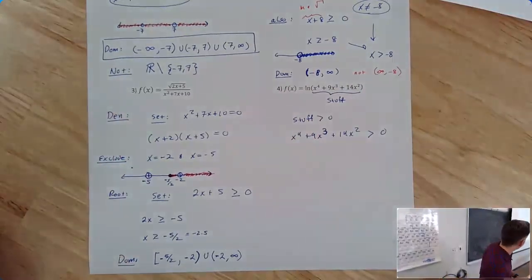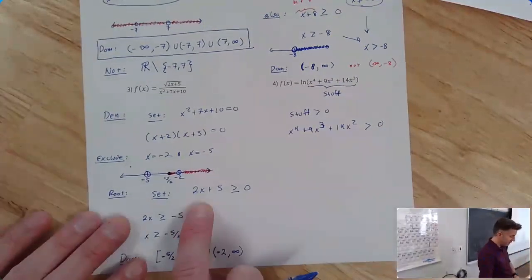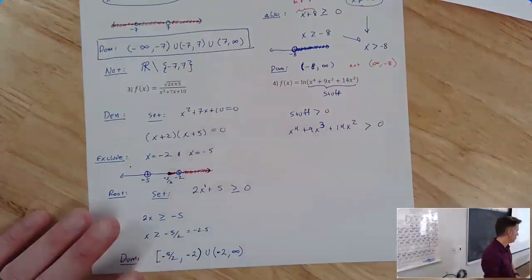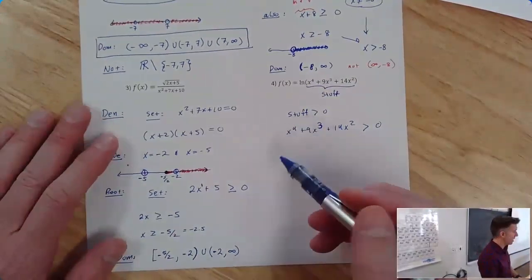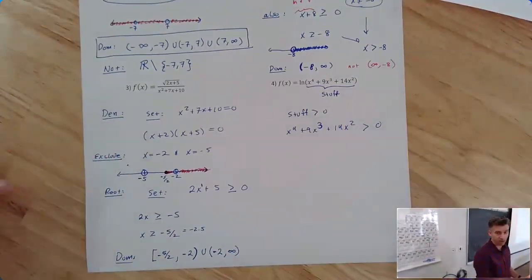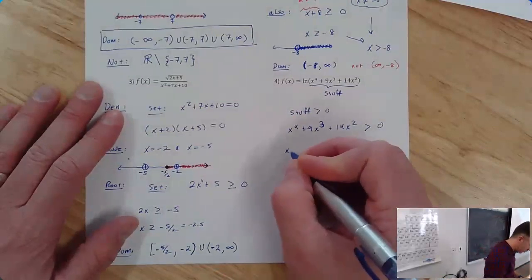Now, whenever you're solving something greater than 0, or greater than or equal to 0, if you've just got a single x to the first, just solve for x. It's a linear equation, it's not too bad. If you've got higher powers of x, we have to use factoring. You can't just try to solve for x here. So we're going to factor out our greatest common factor first, which is an x squared.